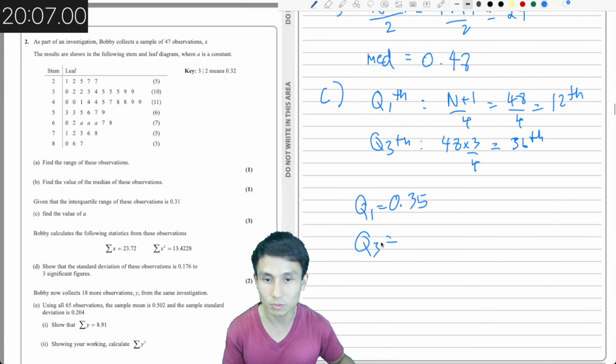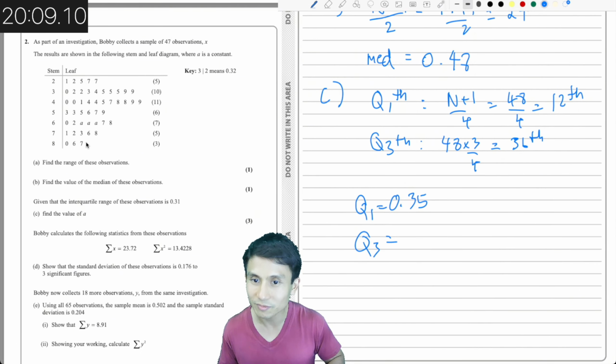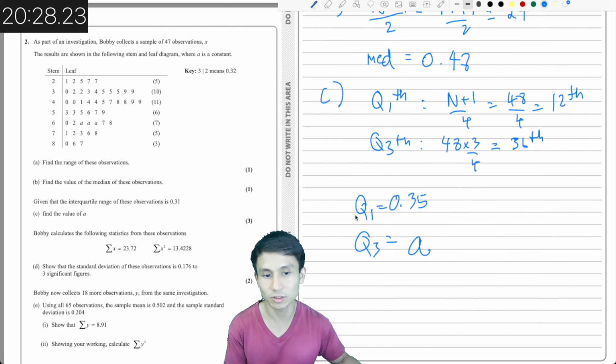And Q3 would be equal to A, I guess. So we count to this 36th, counting from 47 down: 47, 46, 45, 44, 43, and so on, down to 36. Just to make sure.